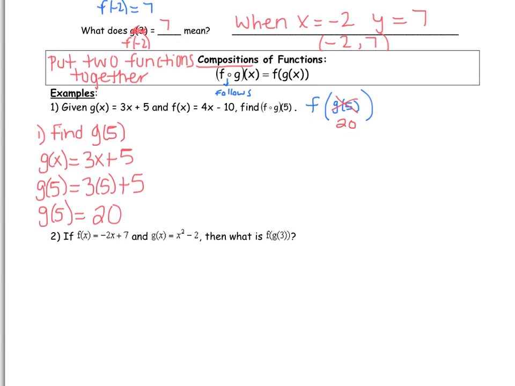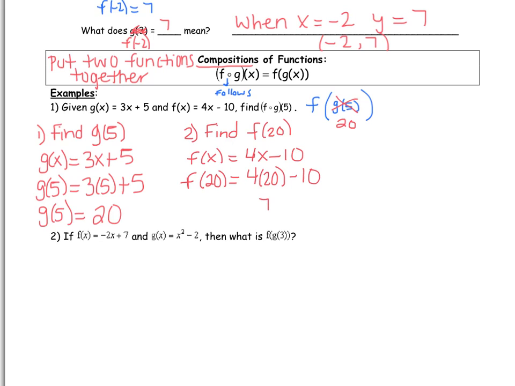So let's write step 2: find f of 20. I'm going to rewrite the f of x function, 4x minus 10, and I get f of 20. So 4 times 20 is 80, minus 10 is 70. That means f of 20 is 70, and that is your final answer.